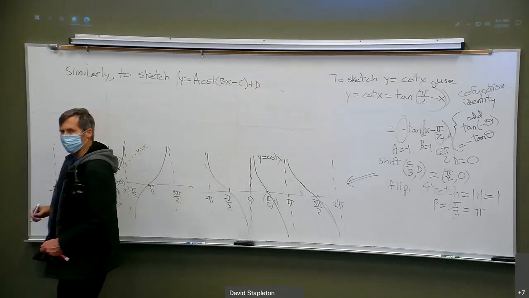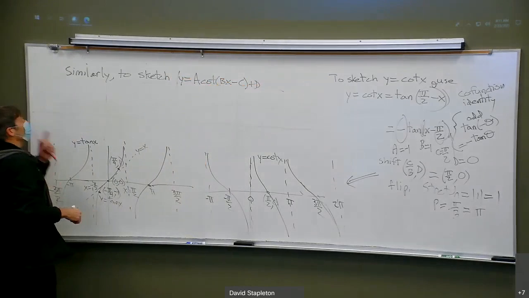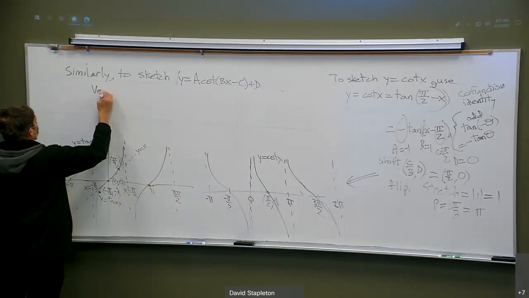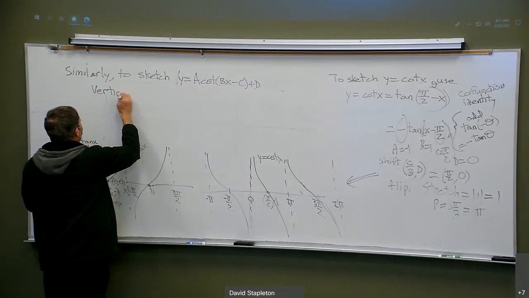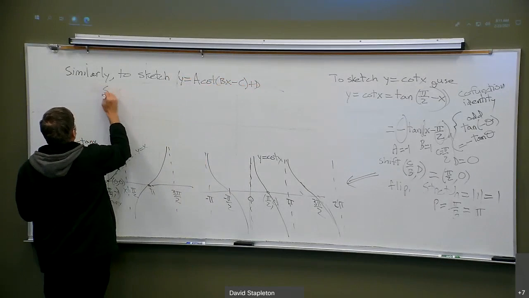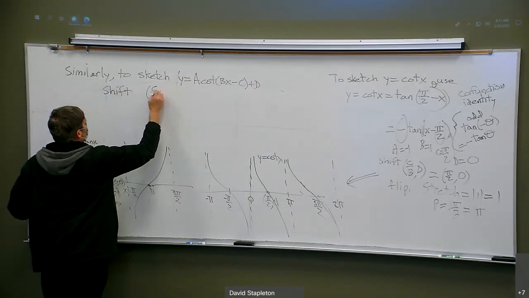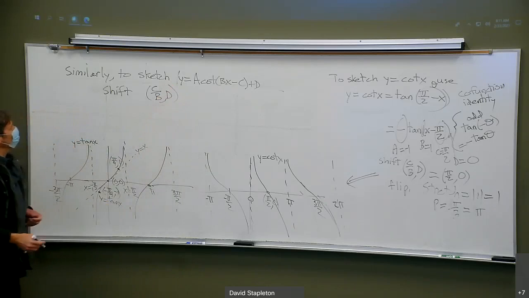You do exactly the same things you did with the tangent function, the sine, and the cosine. You have a vertical shift, a vertical stretch. Let me put the shift first, just to put it in the right order. There's a shift point, c over b in x and d in y, just like it was with the sine, cosine, and tangent.